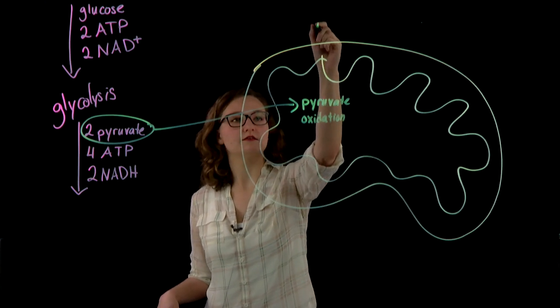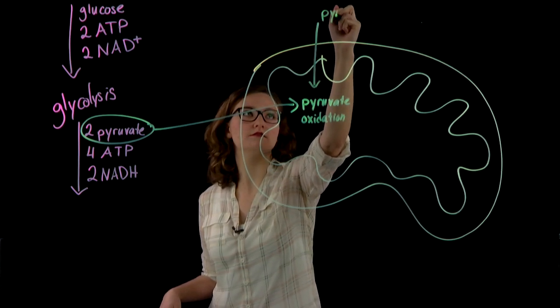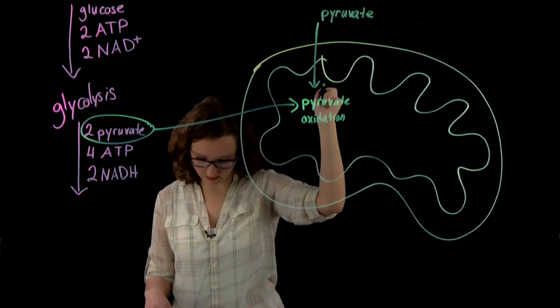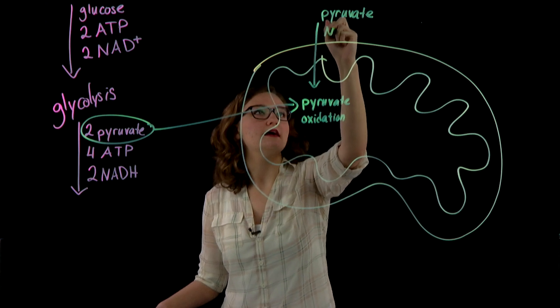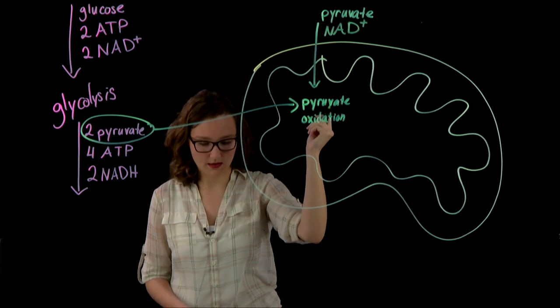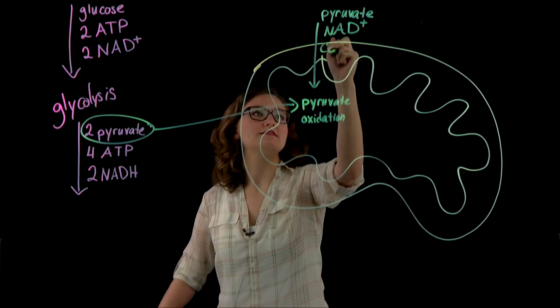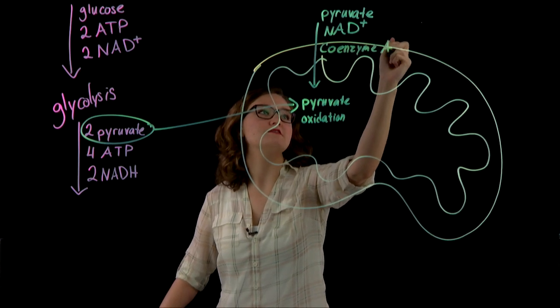So into it, we put pyruvate, and we put an NAD+, and we put a molecule called coenzyme A. Later I will abbreviate this as CoA.